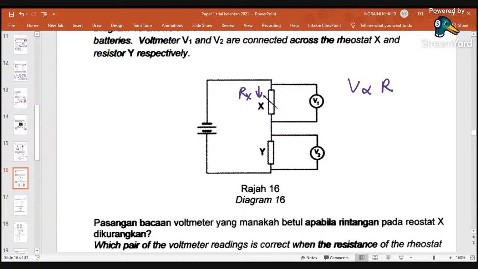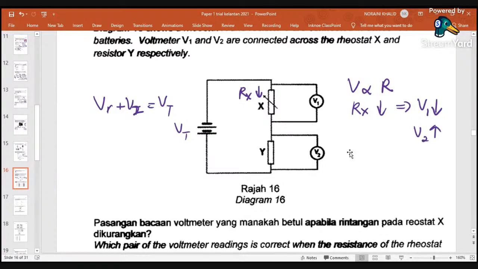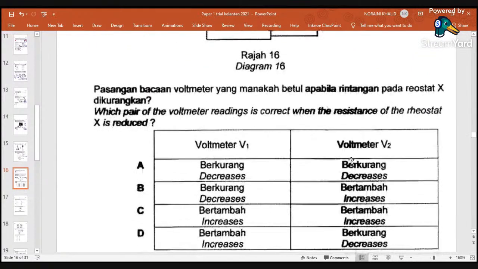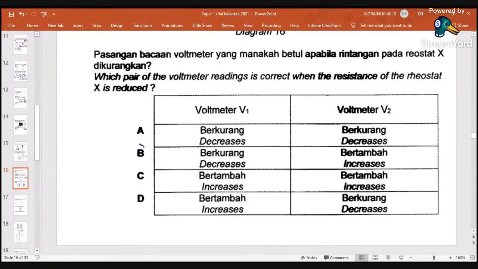When the resistance of Rx decreases, it will cause V1 to decrease. And as we know, V1 plus V2 equals the total voltage. If V1 decreases, it will cause V2 to increase. V1 decrease, V2 increase. Answer is B.